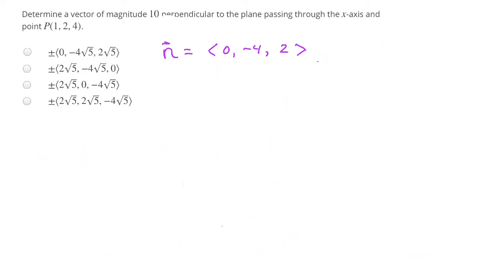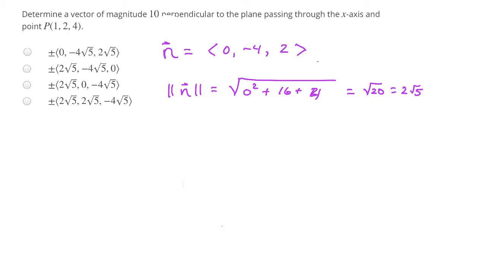So if our normal vector is (0, -4, 2), then the length of that normal vector is the square root of 0 squared plus negative 4 squared, which gives us 16, plus 2 squared, which gives us 4. So we have the square root of 20, which simplifies to 2 times the square root of 5.